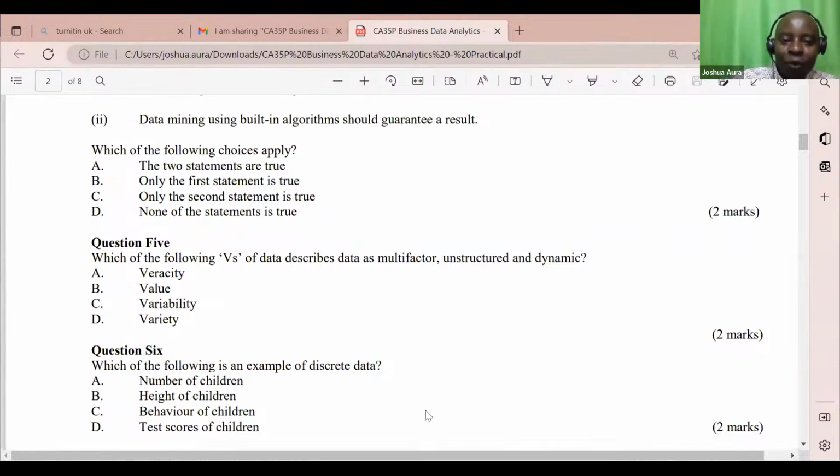Velocity, volume, veracity. Veracity, they are repeating again. I like that. Veracity, value, velocity, volume, variety.